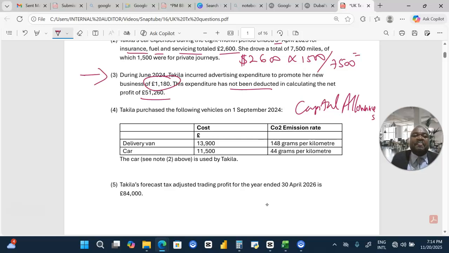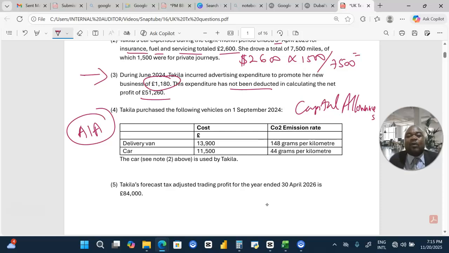Businesses are allowed what is called an annual investment allowance of up to 1 million pounds. So you then have to ask yourself, is the particular asset in question a qualifying asset for the allowance?